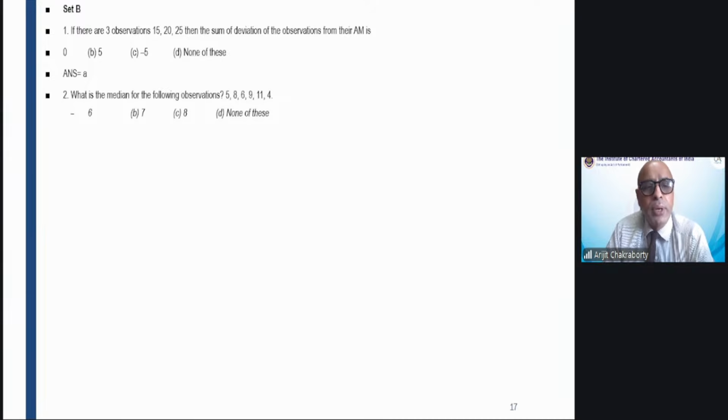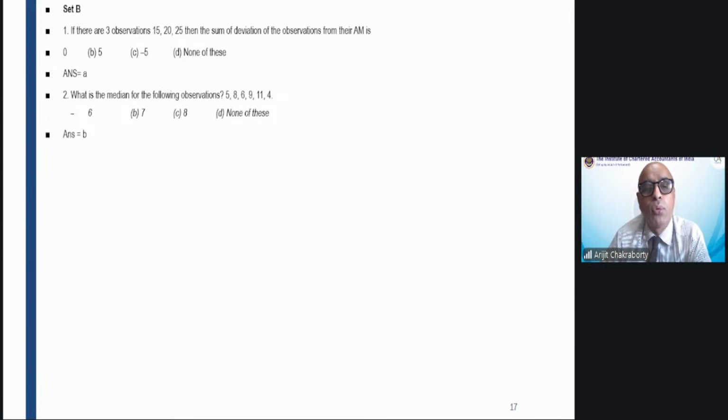Question 2, what is the median of the following observations 5, 8, 6, 9, 11 and 4? As we have discussed in the earlier session, for median calculation, we have to arrange the given numbers either in ascending order or in descending order, and then we need to see the number of observations, whether it's even or odd. Here there are 6 numbers.